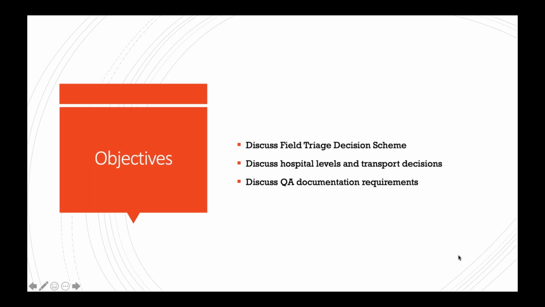So we're going to discuss the field triage decision scheme, what most ambulance services use to call trauma codes. Discuss the hospital levels and the transport decisions that we would transport to, and then the QA documentation requirements when we're looking at how we're documenting these trauma codes.